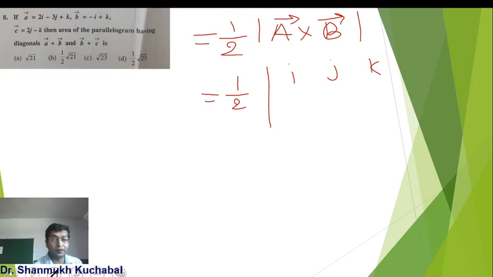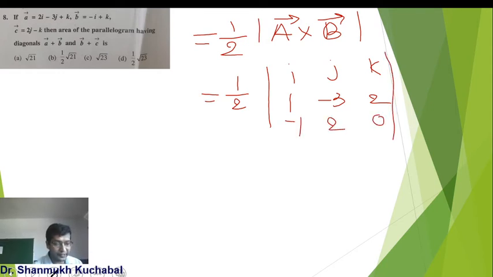Vector AB is OB minus OA, like that. So we get 1, minus 3, 2, and next one we get minus 1, 2, 0.